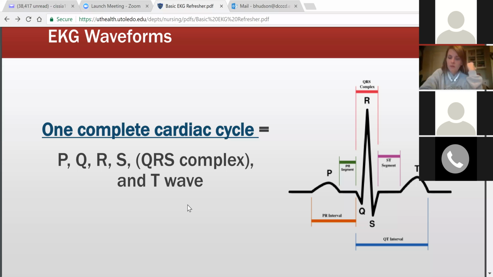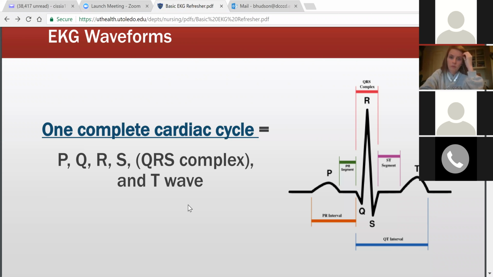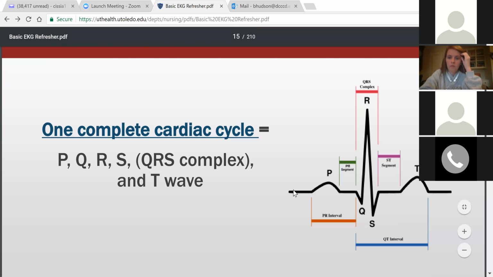Okay, so you've seen this on the board before. We have our P wave, which should be rounded and upright, our QRS complex, and then our T wave. As you ascend towards the T, where the direction of the S wave changes, that's where you start going into the T wave.